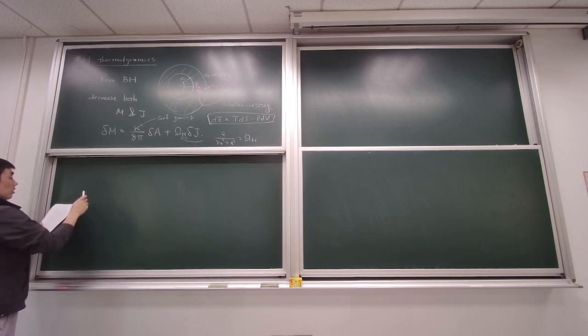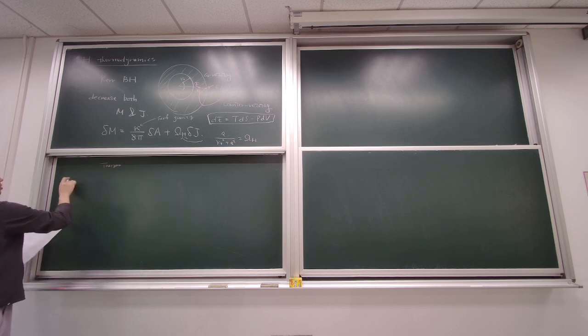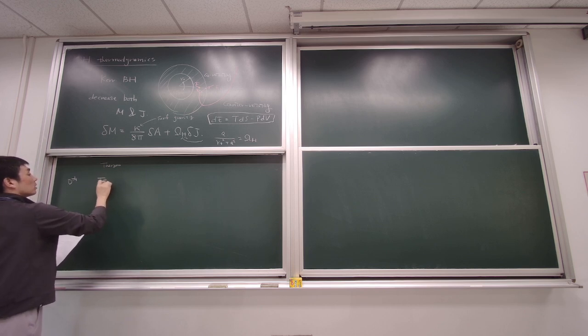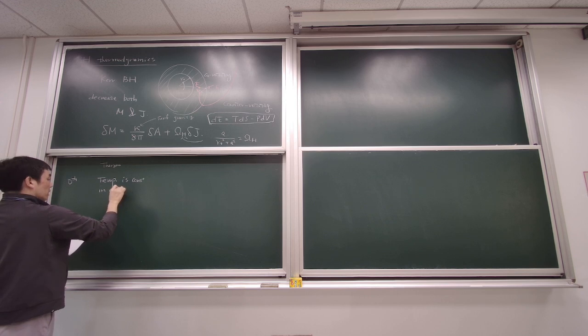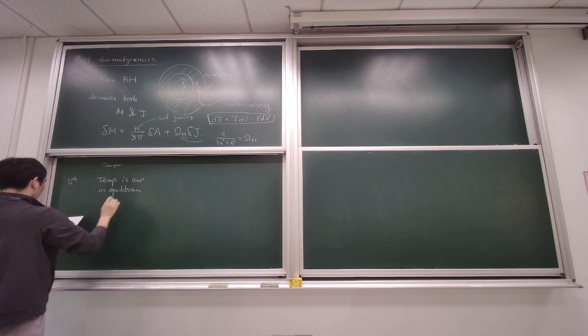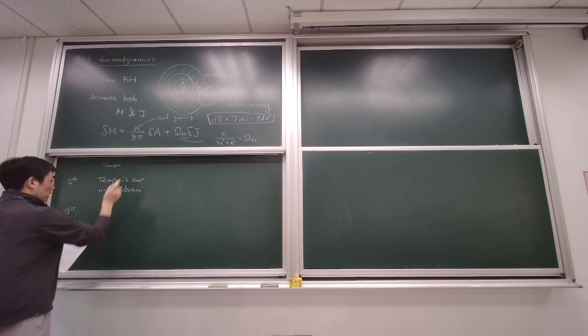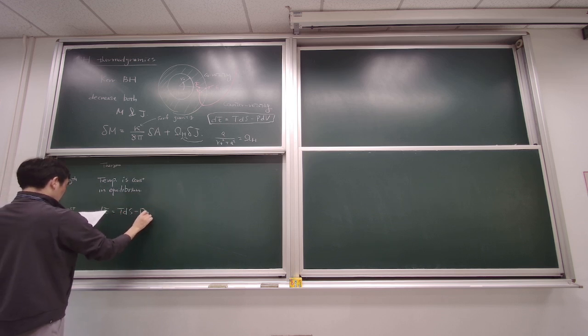Let us recall the laws of thermodynamics. The zeroth law is that temperature is constant in equilibrium. The first law is exactly this one, dE is equal to TdS minus PdV.